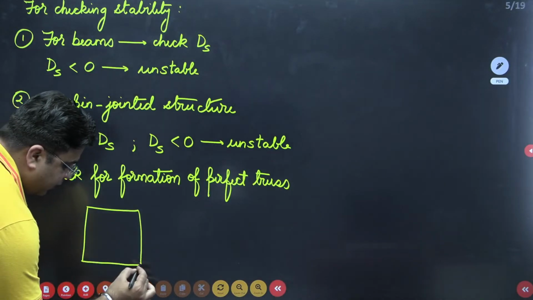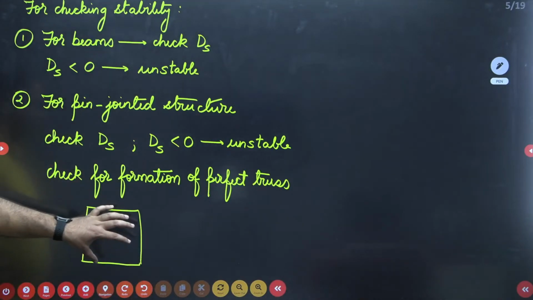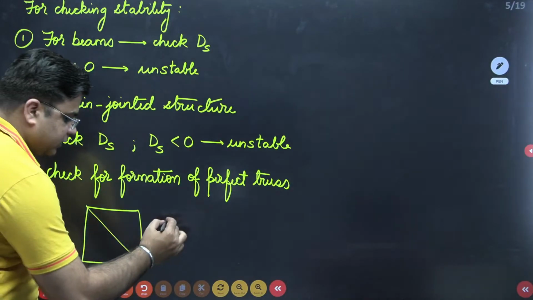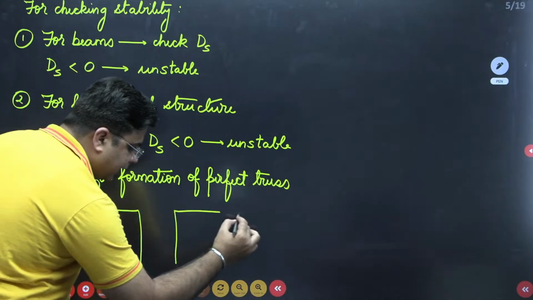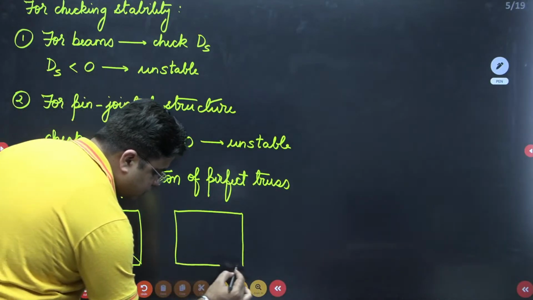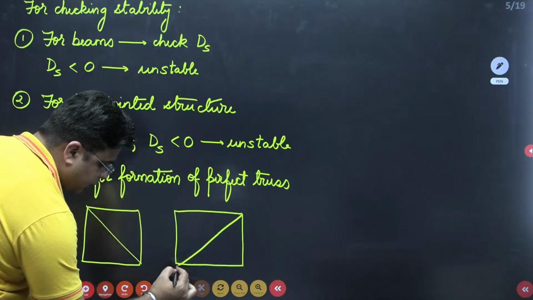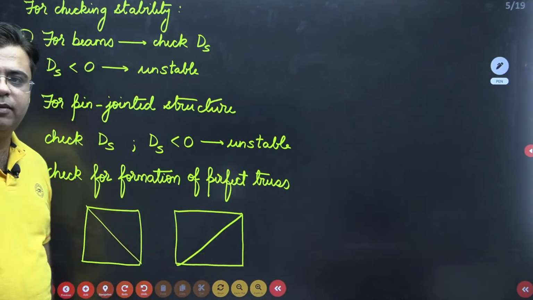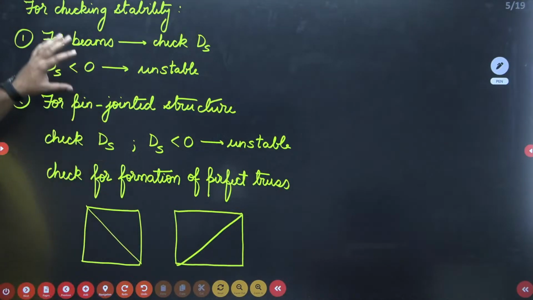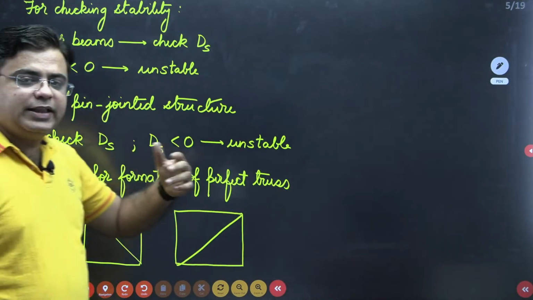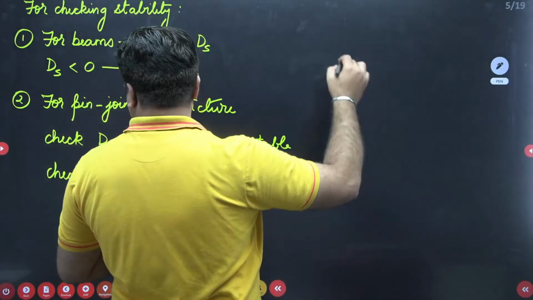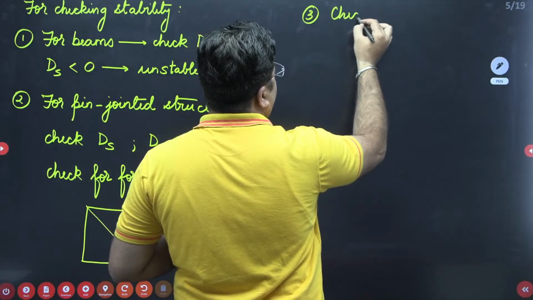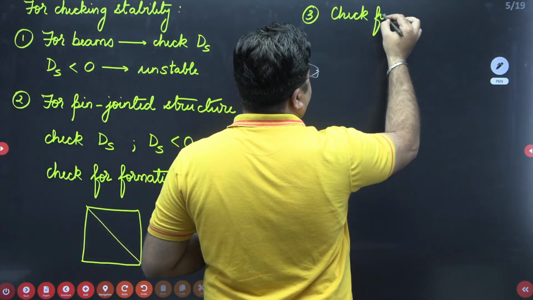If this is one block of the truss, then it should be connected with a diagonal member either like this or like this. And if you want to make it oversafe, you can also connect both of the diagonal members. So that is not a problem, right? This is your criterion for checking the instability. The third criterion for checking the instability is to check for support reactions.